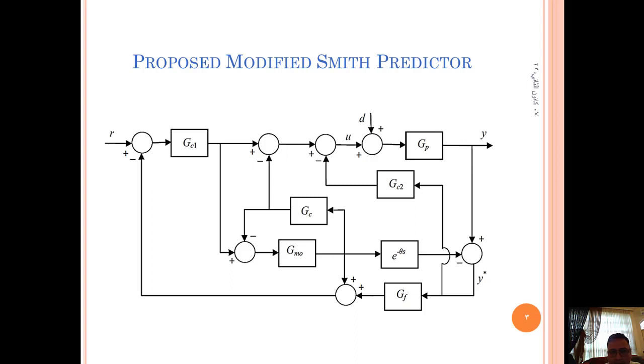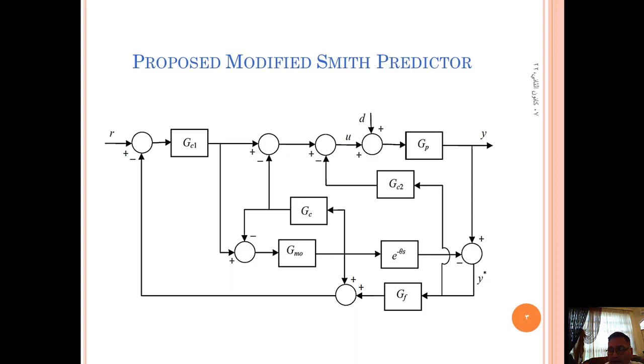The exponential e to the power minus theta s represents the process time delay, and GP is the actual process which is to be controlled.